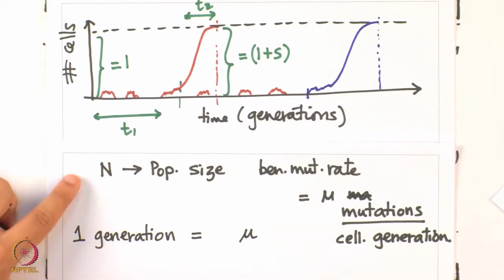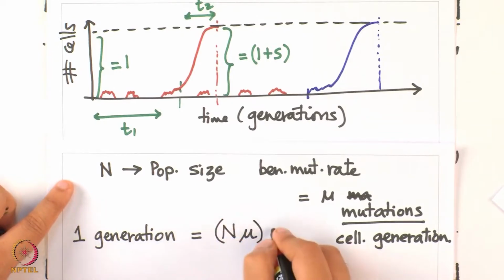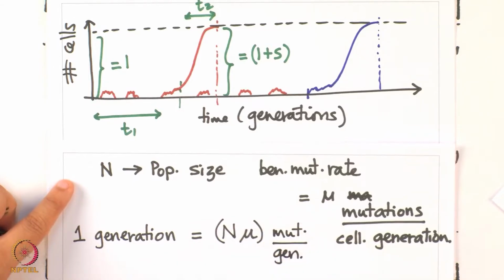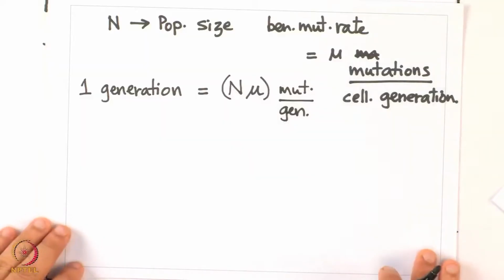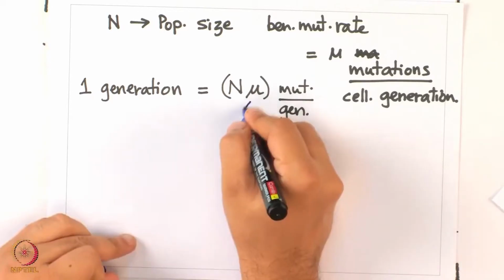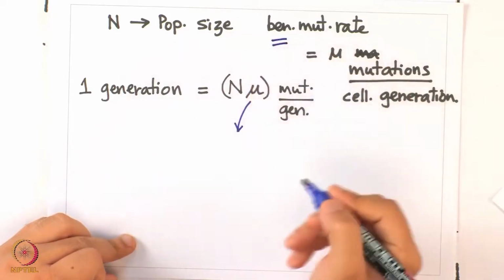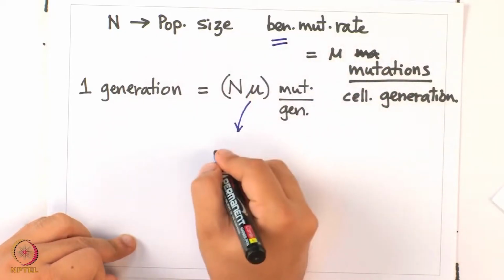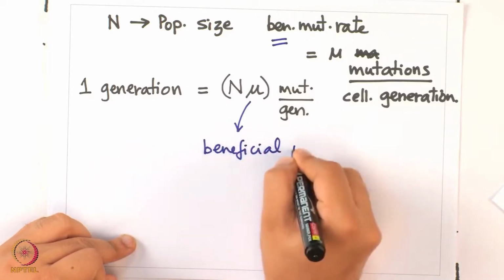But since you have n divisions taking place in one generation, you have n mu mutations per generation. And remember, these mutations are not comprising of all mutations. This is the mutation rate which is associated with beneficial mutations only.